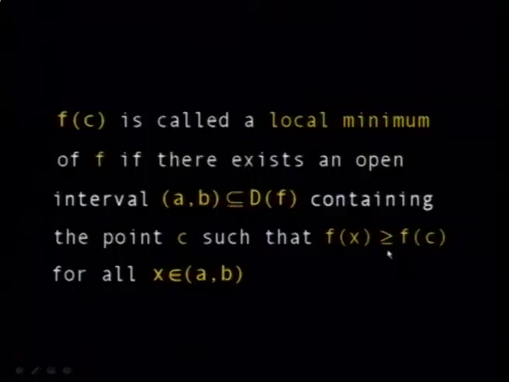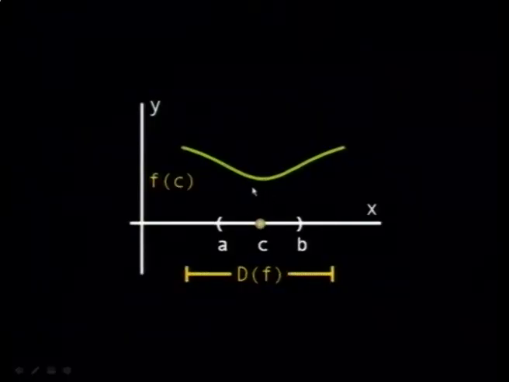So we say that c is a point of a local minimum. Here again, f of c is the smallest value in the neighboring area relative to the ones in the same interval (a, b).